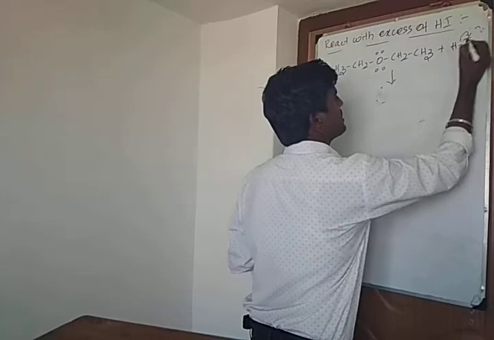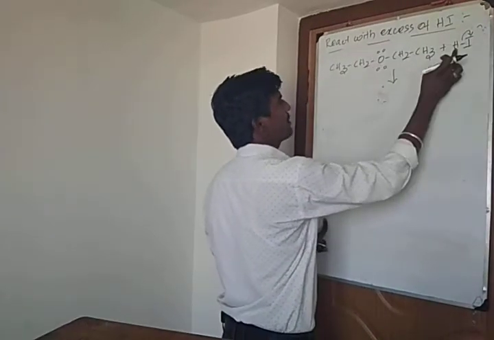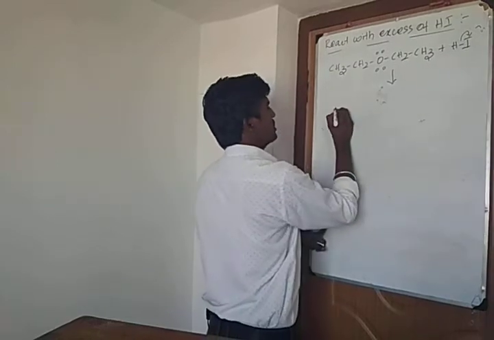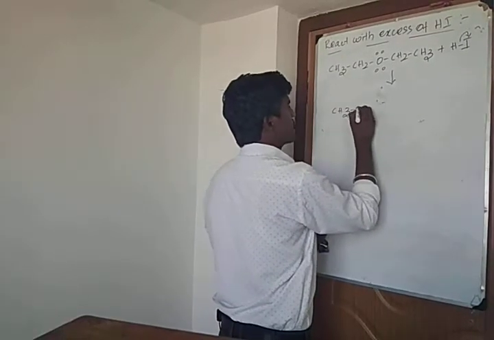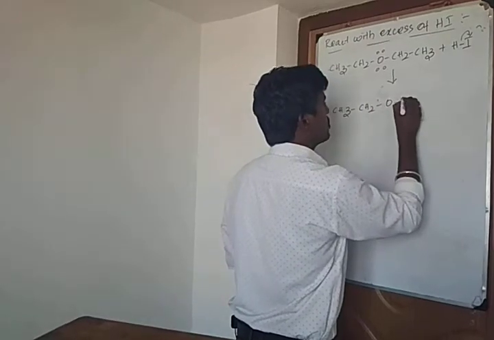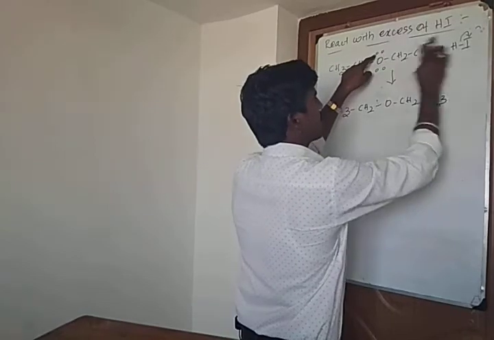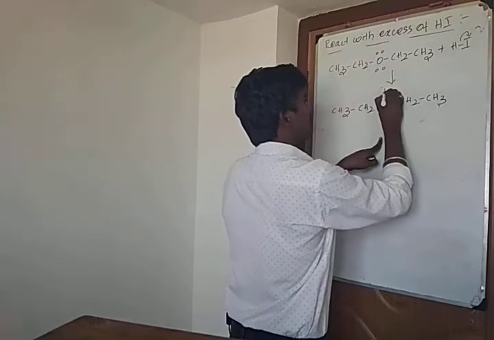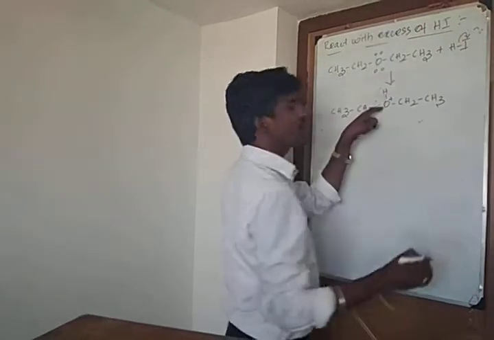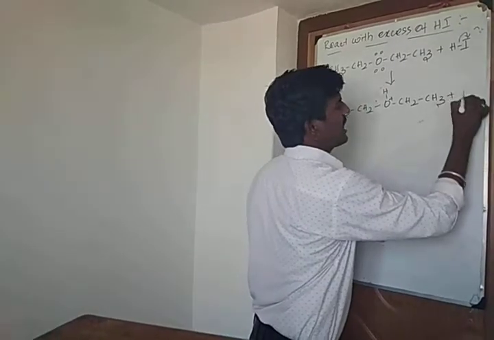Here I minus, H plus, lone pair of electrons. What will happen? Bond formation. After the bond formation, you can put positive charge on oxygen. Oxygen's lone pair of electrons, H plus, bond formation. After the bond formation, we have to put positive charge on oxygen, and I minus.